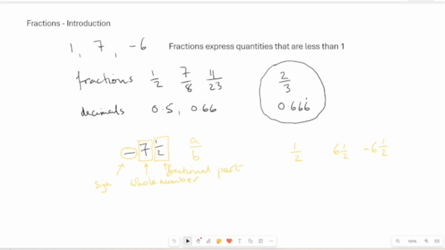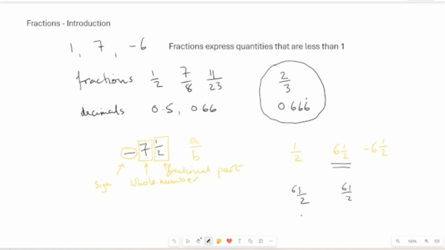And if you're going to write a whole number with a fractional part, make sure you do it so the whole number is bigger. If we're going to write 6.5, for example, don't write 6 and 1/2 because we don't know where that 6 belongs. Is this 61 over 2? Is that what we're trying to write?